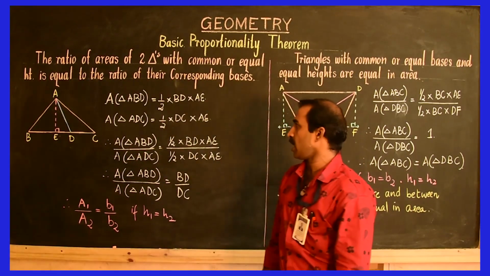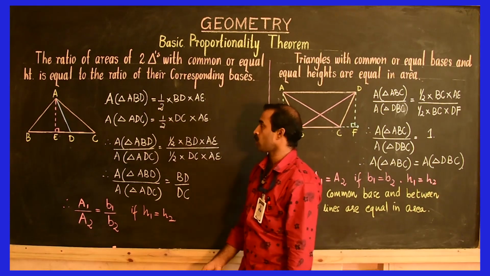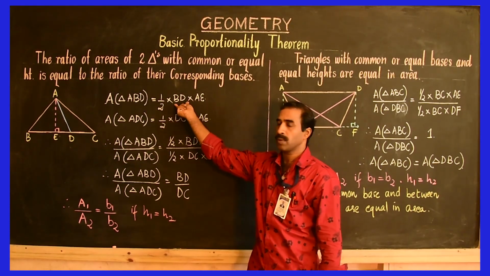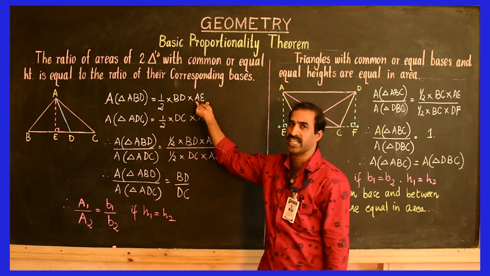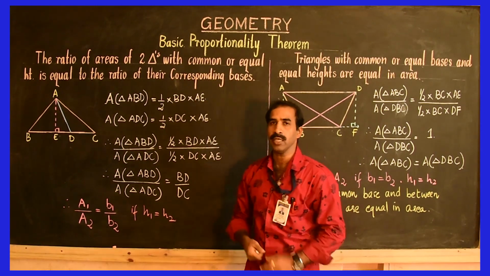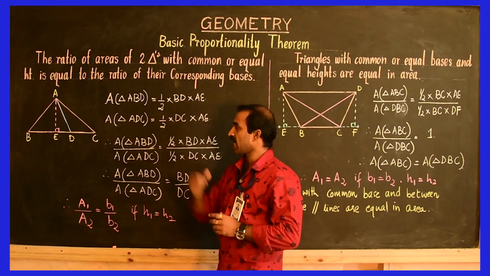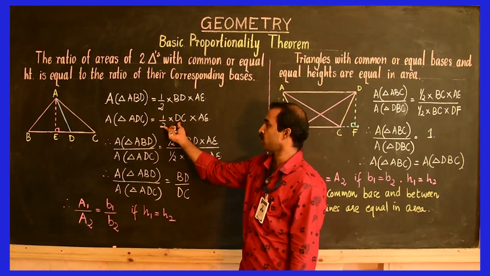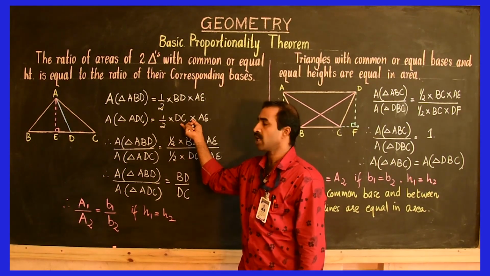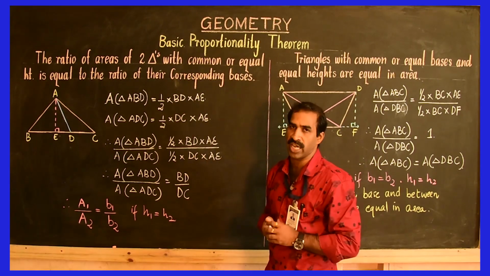Area of triangle ABD is equal to half into base BD and height AE. Now for triangle ADC, half into base DC and the corresponding height AE.